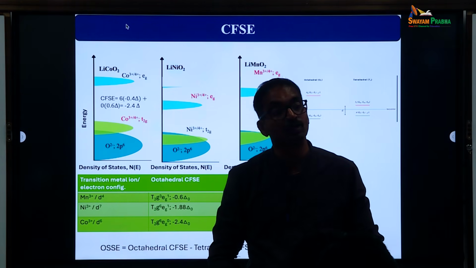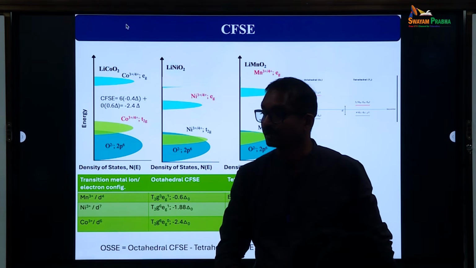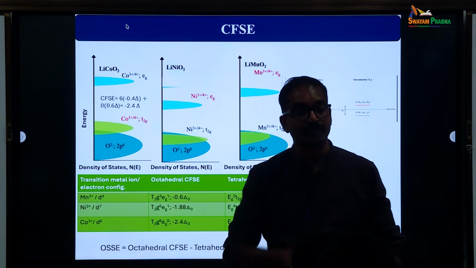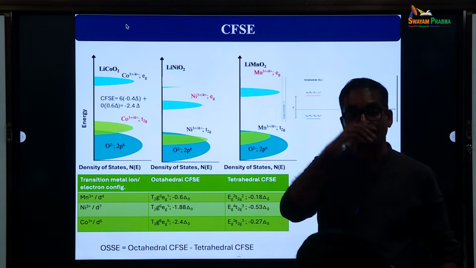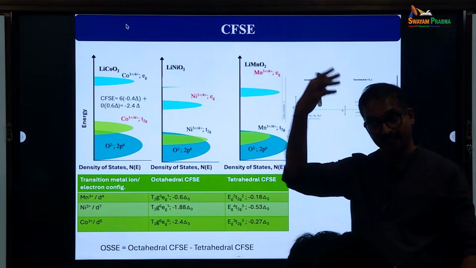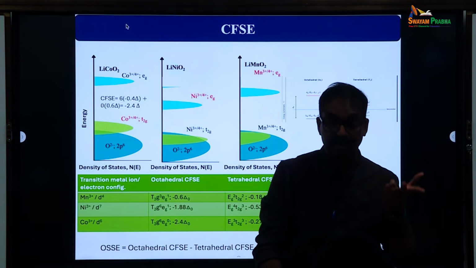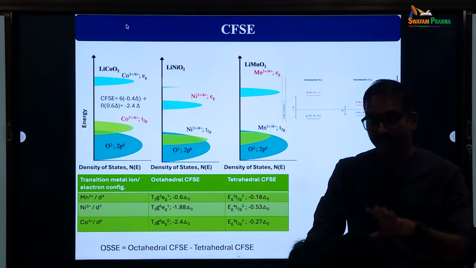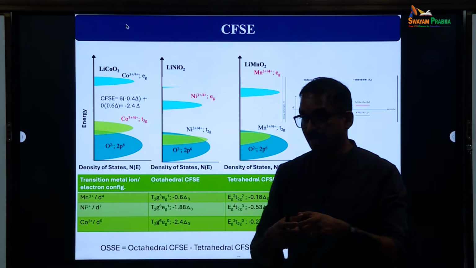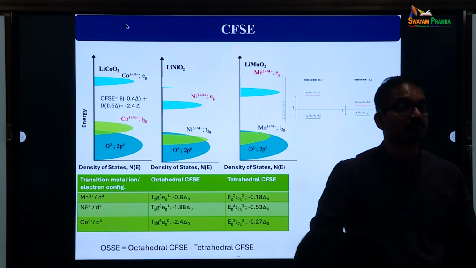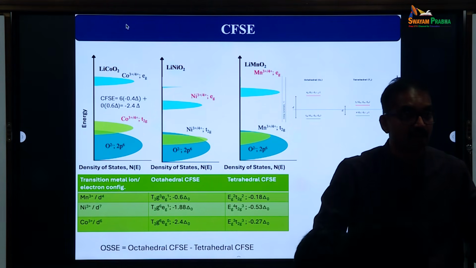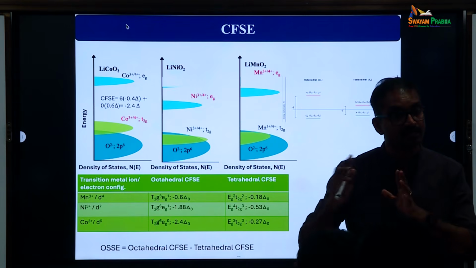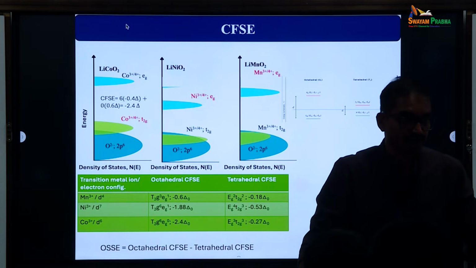In which will it be more stabilized? Corner sharing. That means if I can make a material lithium manganese oxide such that lithium and manganese are in two polyhedra which are edge shared versus corner shared, the corner shared one is preferred.